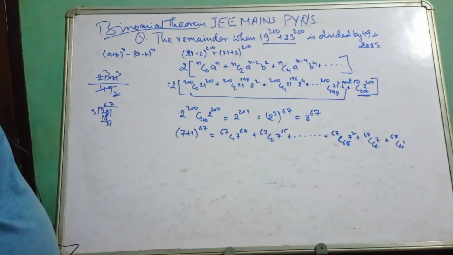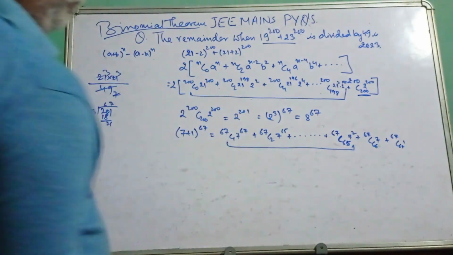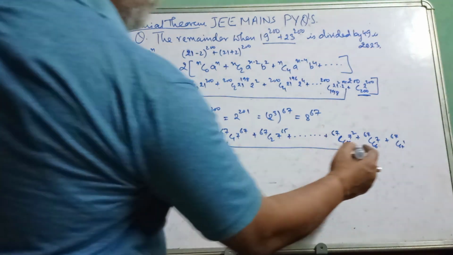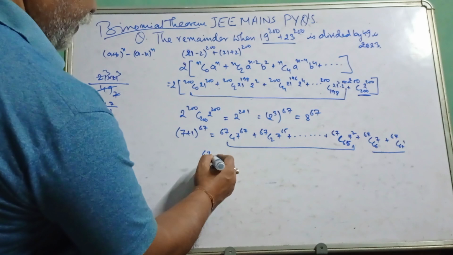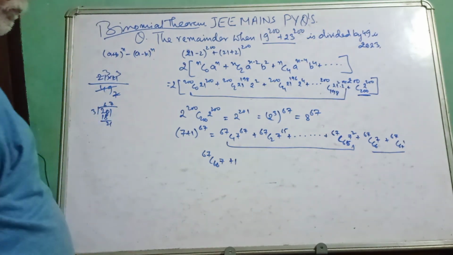Here again we find that up to 7 squared, the terms are divisible by 49. So the term left is 67C66 times 7 plus 1.